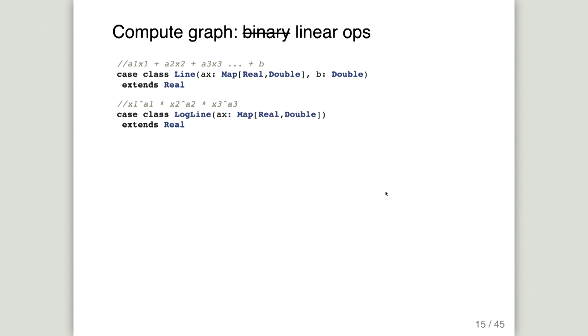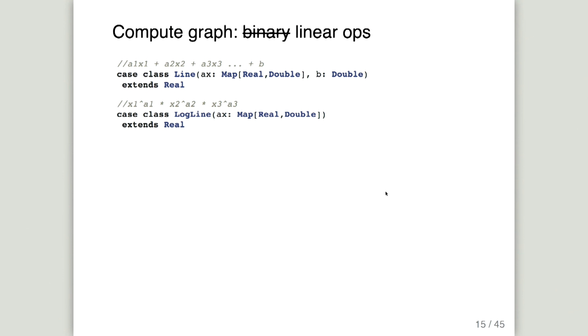It's a linear combination, so it represents any number of additions of terms multiplied by constant coefficients. Basically we have a constant vector and a vector of graph nodes, and we take the dot product of them, and that's the value of that node. That lets us represent additions of anything and multiplications of anything by a constant.